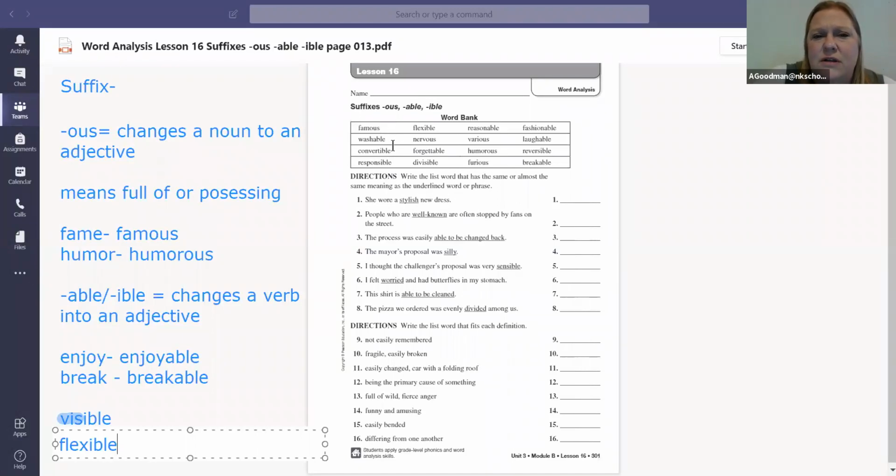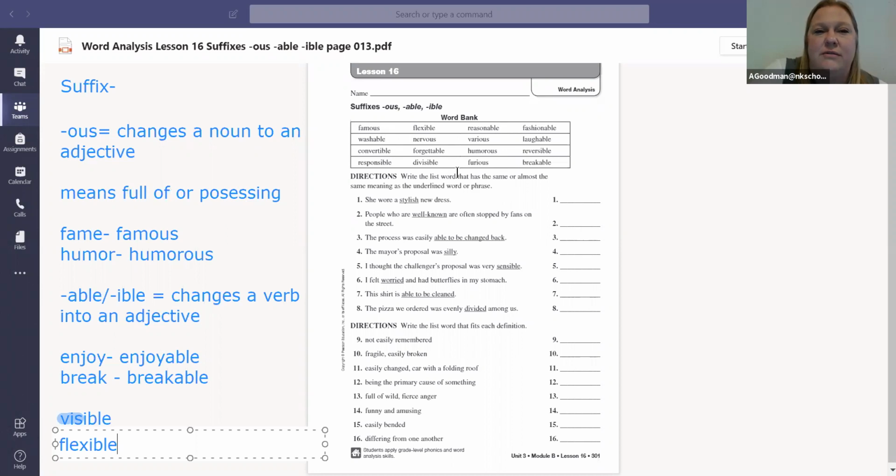Famous, washable, convertible, responsible, flexible, nervous, forgettable, divisible, reasonable, various, humorous, furious. Ooh, here we go. Fashionable. So it has fashion, it has style, it possesses fashion, or it is full of fashion.